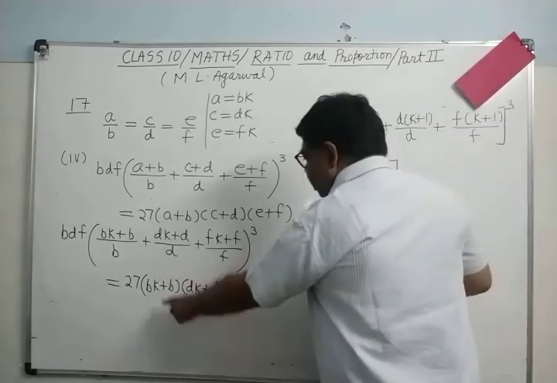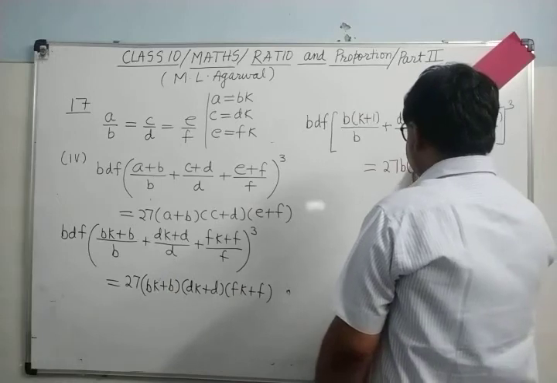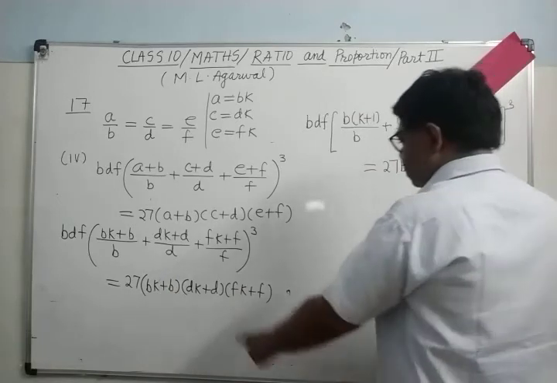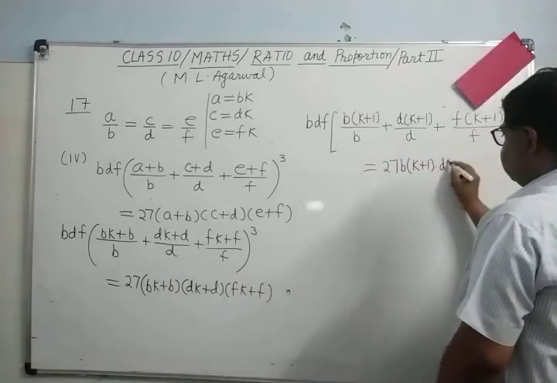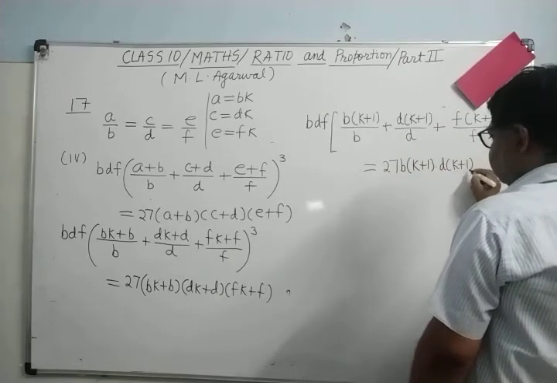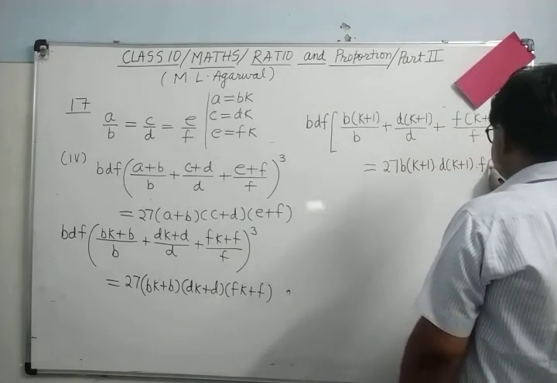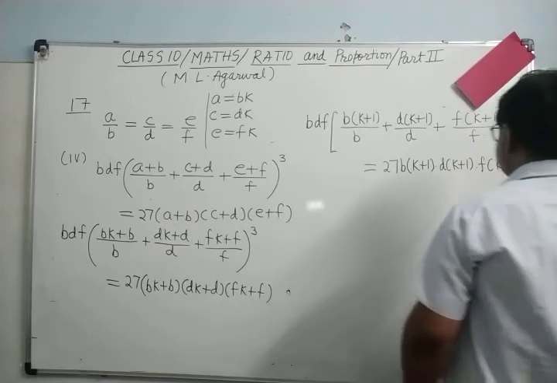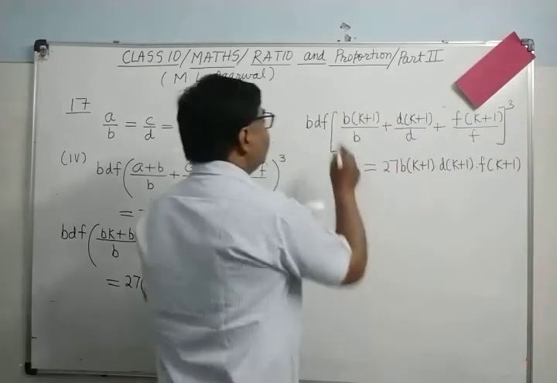You take out B common from here, it is K plus 1. D common, K plus 1. And F common, K plus 1.